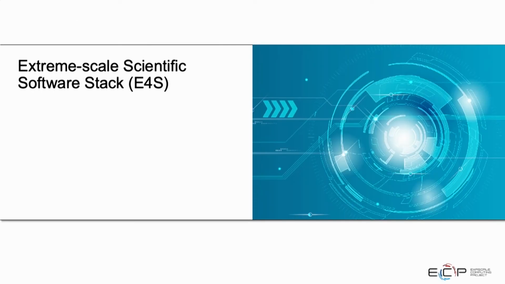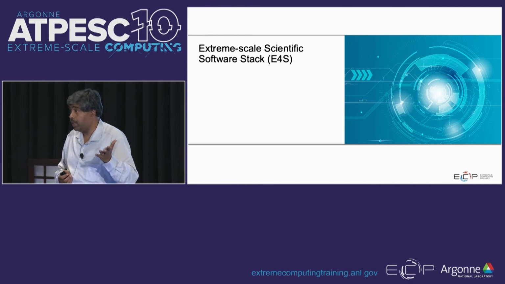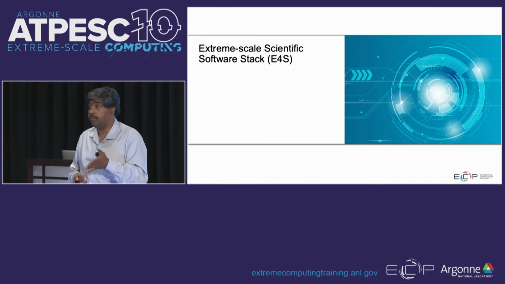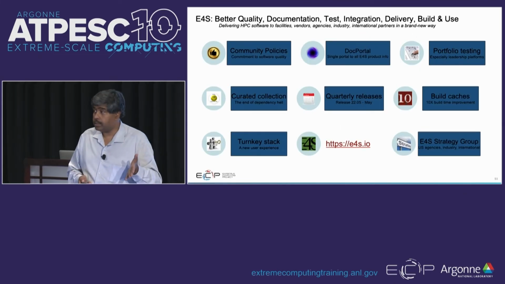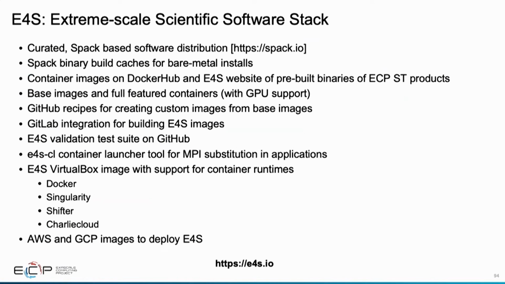I don't have time to cover all of this, but let me just say that to install TAU, to install HPCToolkit, to install NVHPC or ROCm or Intel oneAPI, you can do it all with the Extreme-scale Scientific Software Stack. This is a complete solution for installing your software.